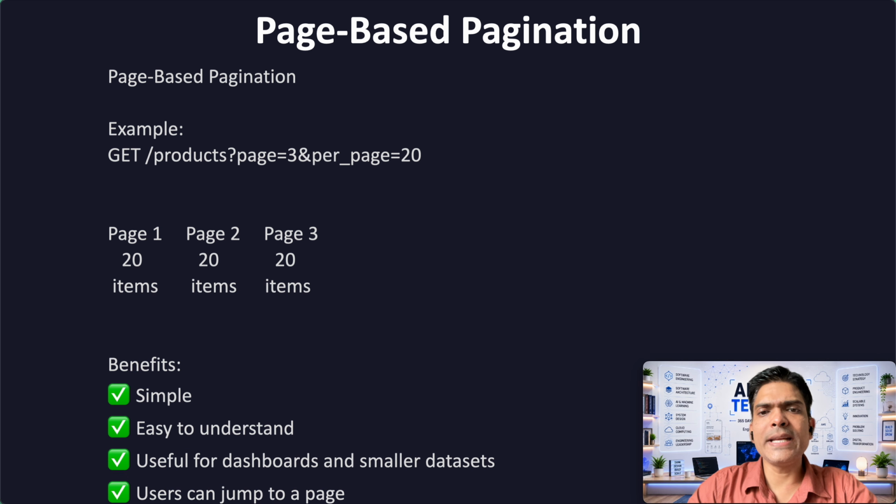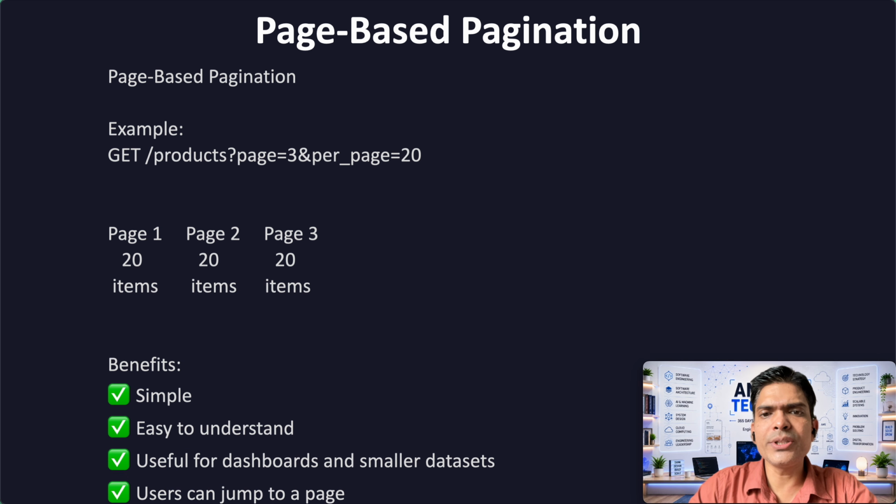One common approach is page-based pagination. We can send parameters such as page number and the number of records we want per page. For example, this request asks for page number 3 with 20 records per page. This approach is simple and easy to understand.